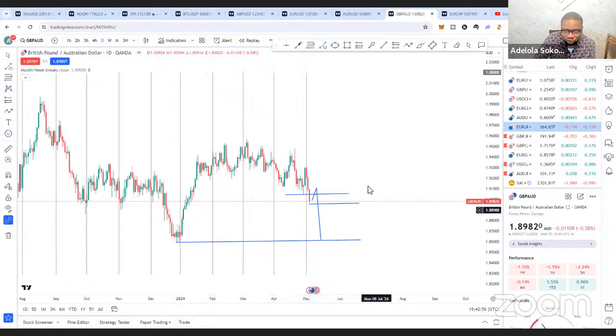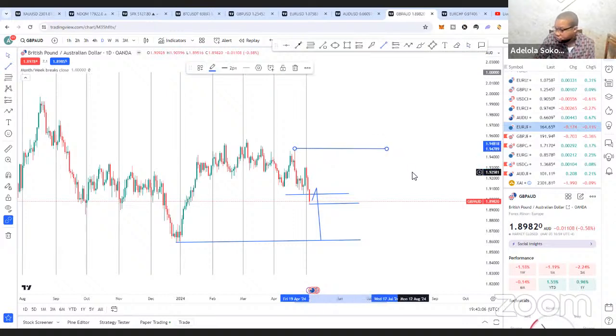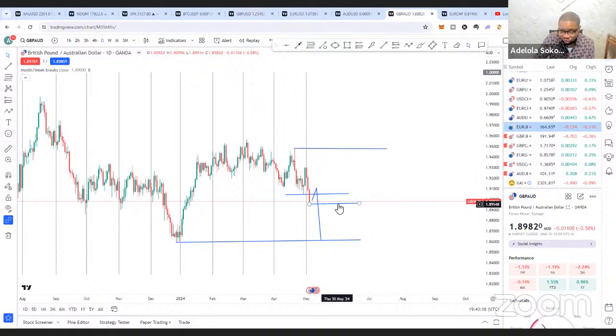From this support to this resistance, in the interim, this resistance is our, what? Is our swing structure. This is actually our swing structure. Let me remove this one.